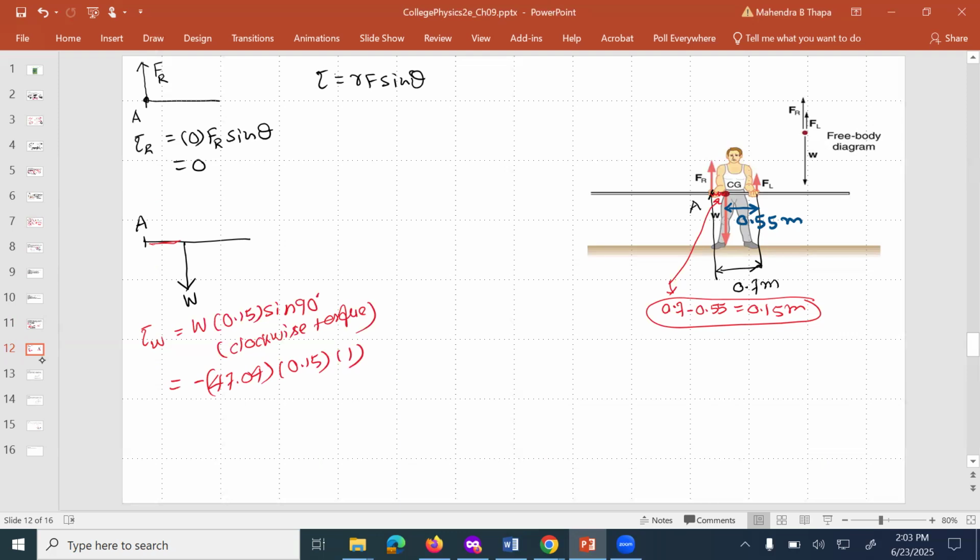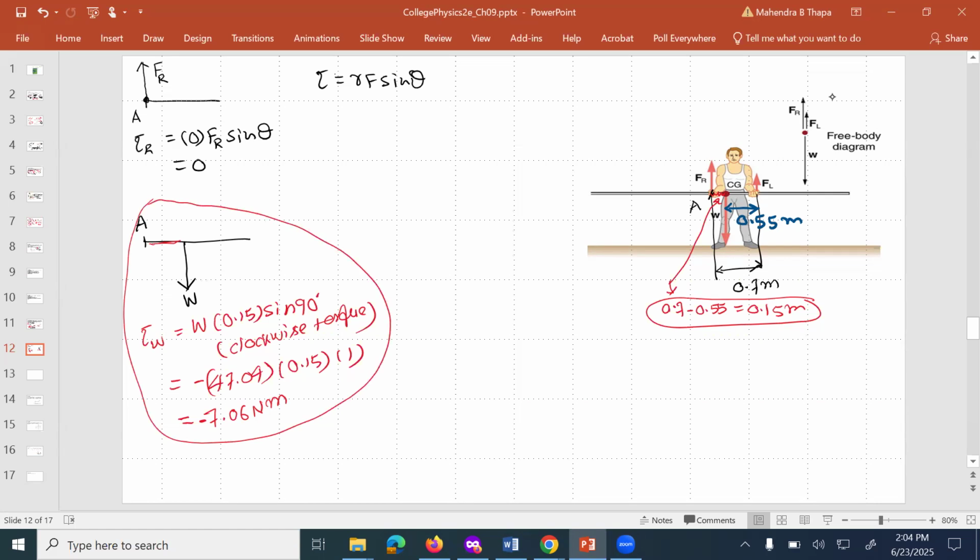Okay, so that will give us minus 7.06 Newton meter, because this torque will produce rotation, the clockwise torque. Anyway, so this is the torque due to weight.